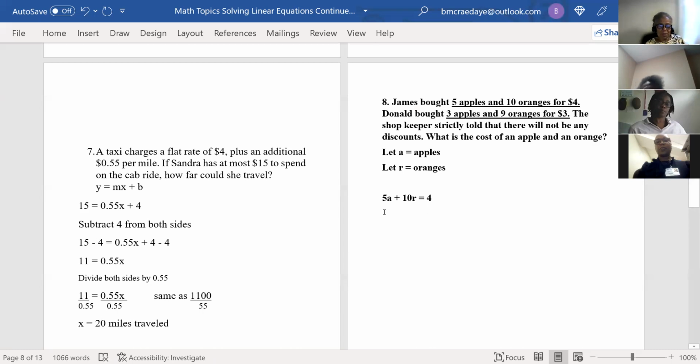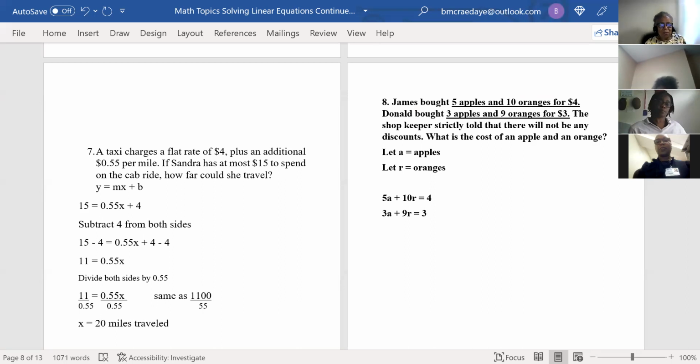Now, what would Donald's equation look like? 3A plus 9R. What's that equal to? What did it cost? $3.